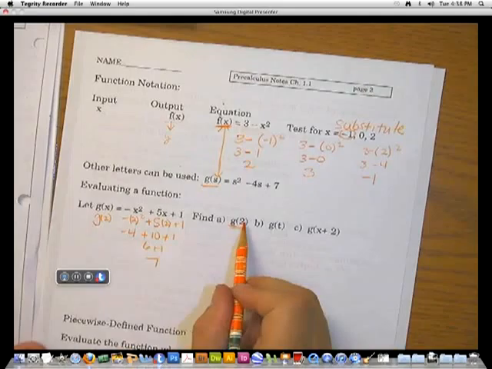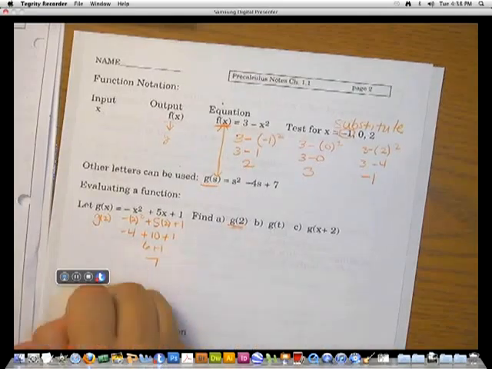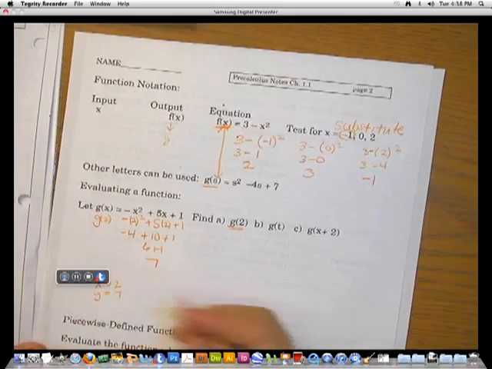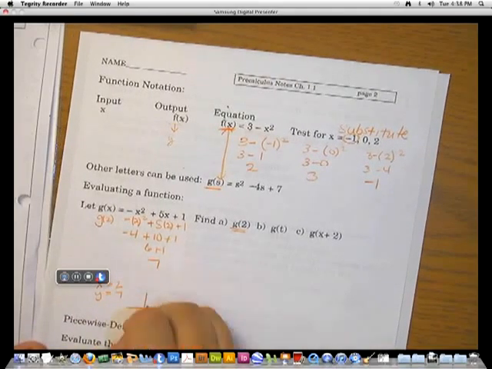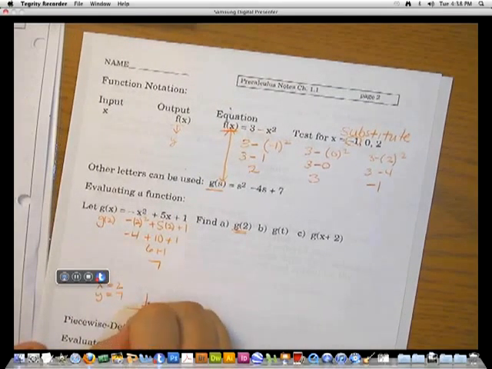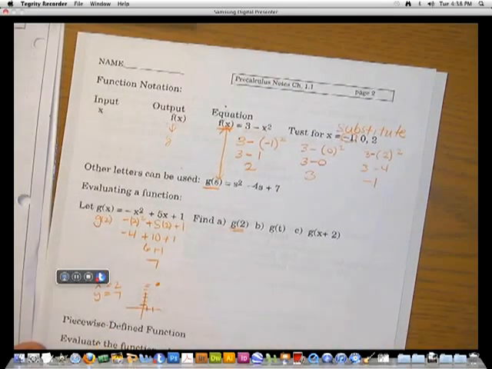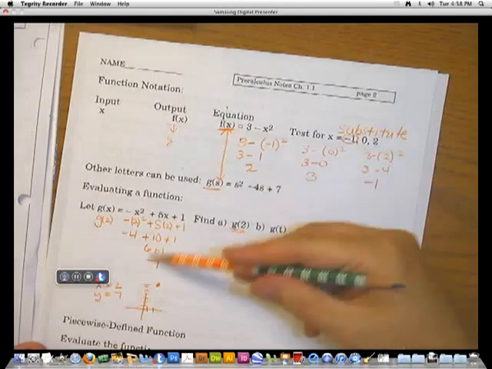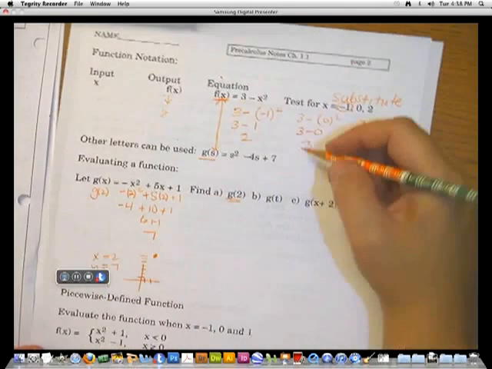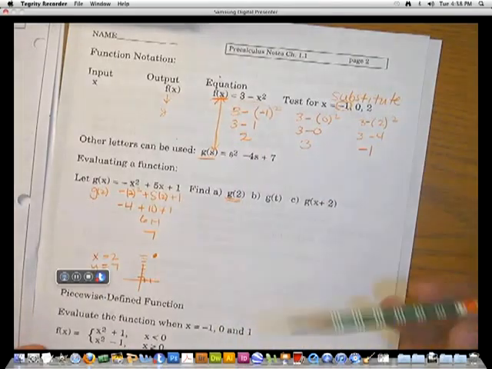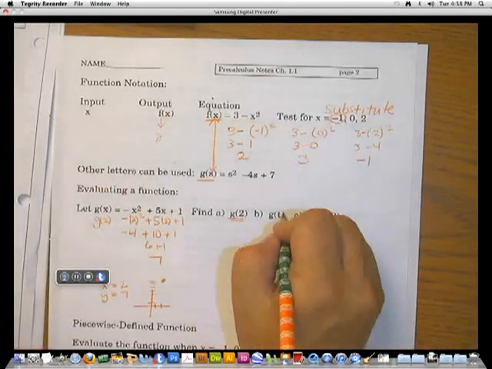So we would say g of 2 is 7. We'd say when the x is 2, the y value is 7. On a picture, when the x value is 2, the y value is 7. That's all that represents. When I'm putting in a letter, it makes no difference. You're doing the exact same thing.